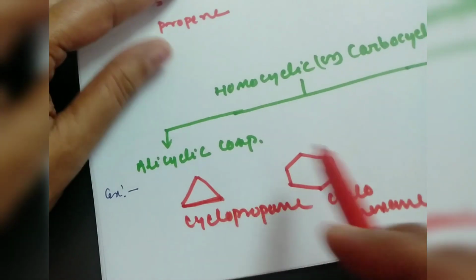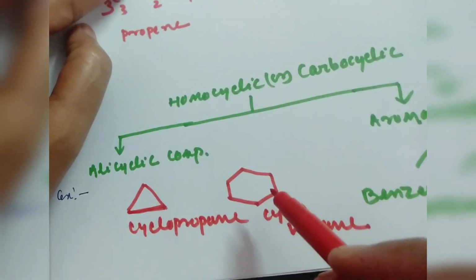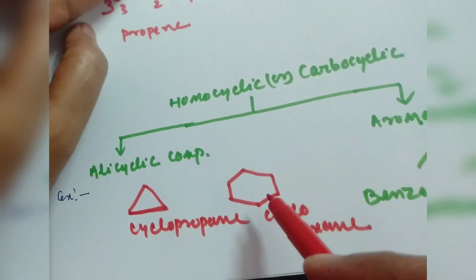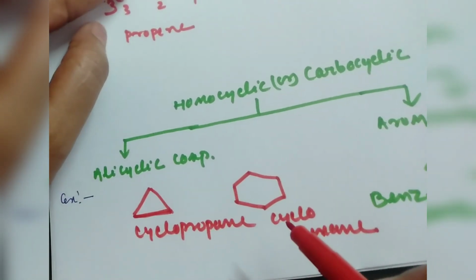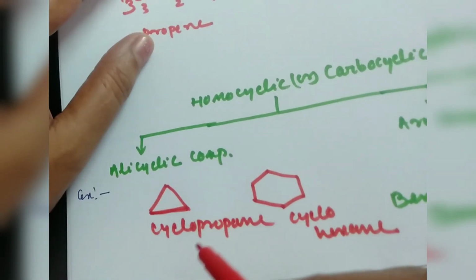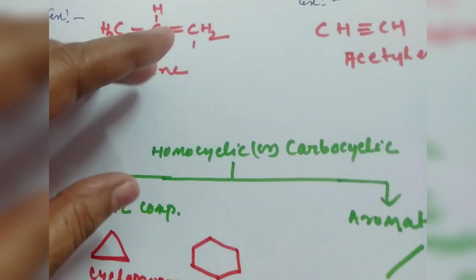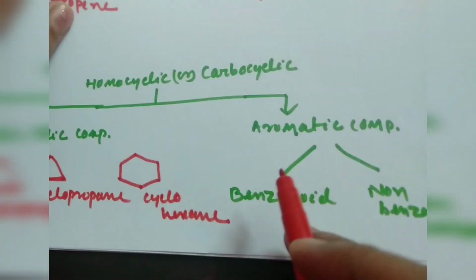That means it is a cyclic compound in which each corner has only a carbon atom. So these are aliphatic cyclic compounds. There may be 3-member, 6-member, 5-member, cyclobutane, cyclopentane, they all come under alicyclic compounds.